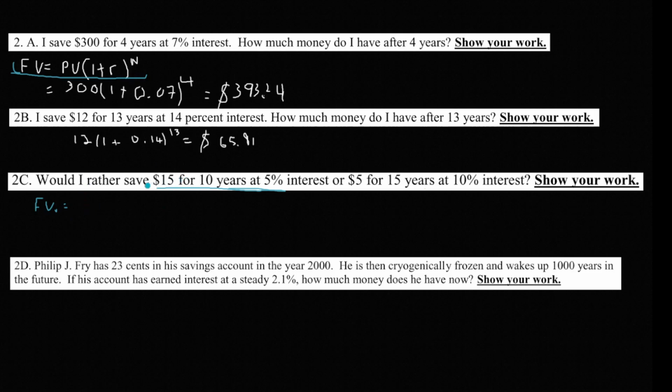So this is $15, our present value, times 1 plus our rate, which is 5%, so 0.05, and it's for 10 years.